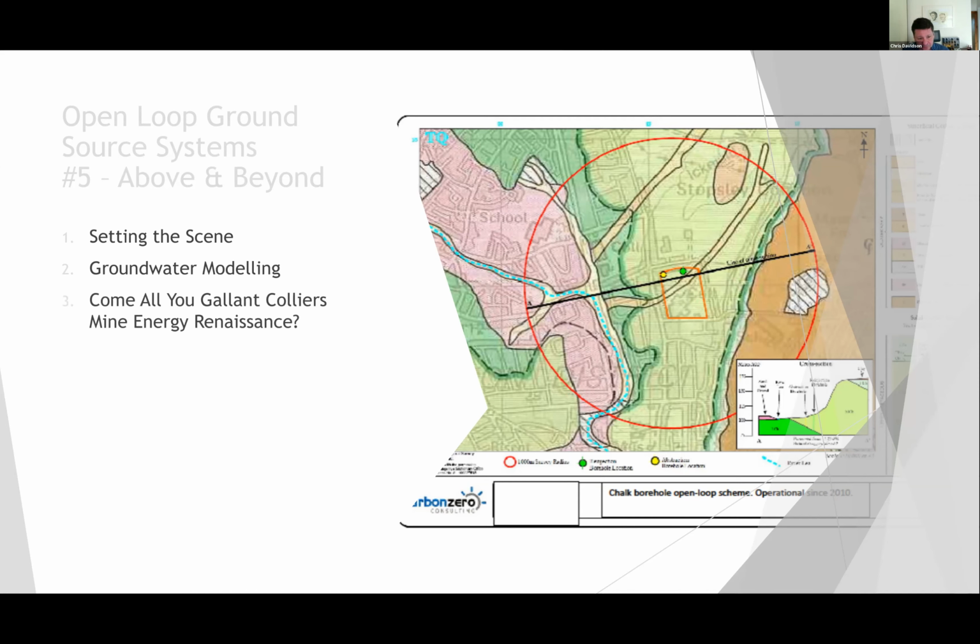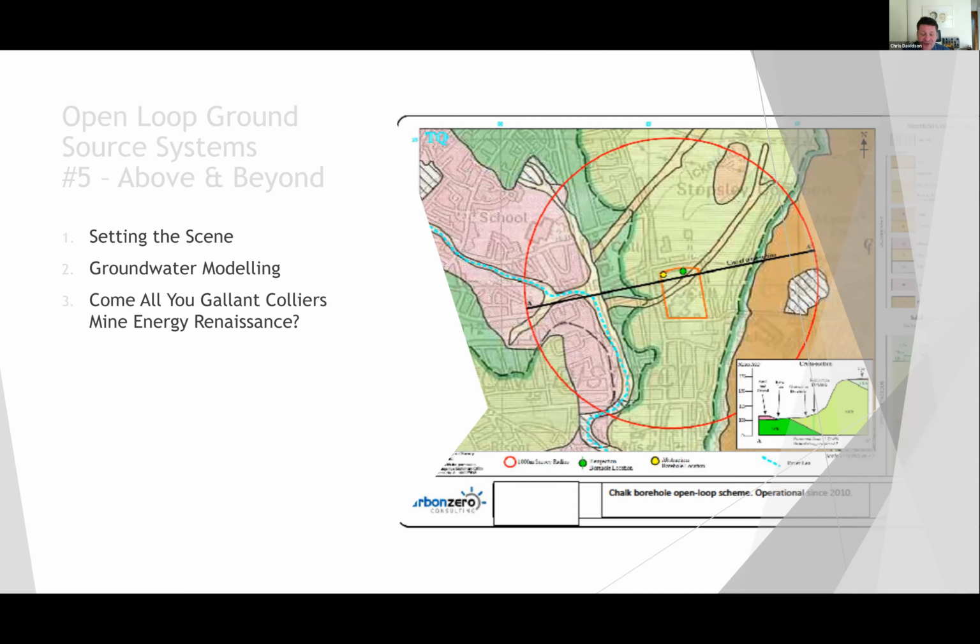The third session, again very entertaining, was by Dave Banks, talking about the use of mine water in these types of systems. The majority of the rest of what we've talked about is applicable to surface water and boreholes, but that session was specifically about the mines in the UK as a resource for heating and cooling.